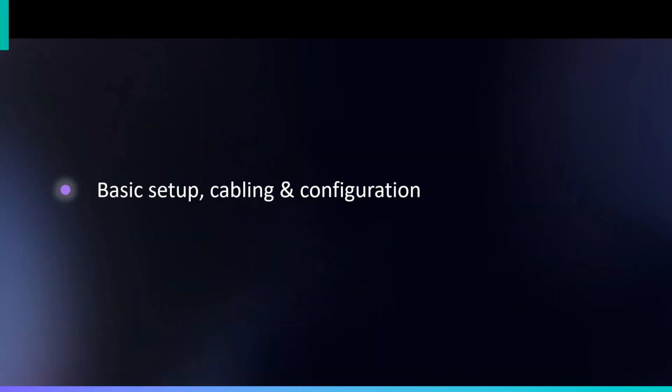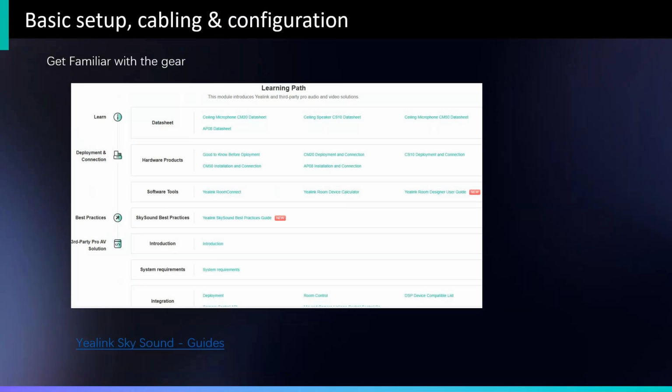Now, looking at the new Yealink Pro Audio gear, it is very, very important that if you have never worked, for example, with Pro Audio hardware, or if you haven't worked yet with the Yealink CM20 CS10 in a room deployment, that you get familiar with the gear.